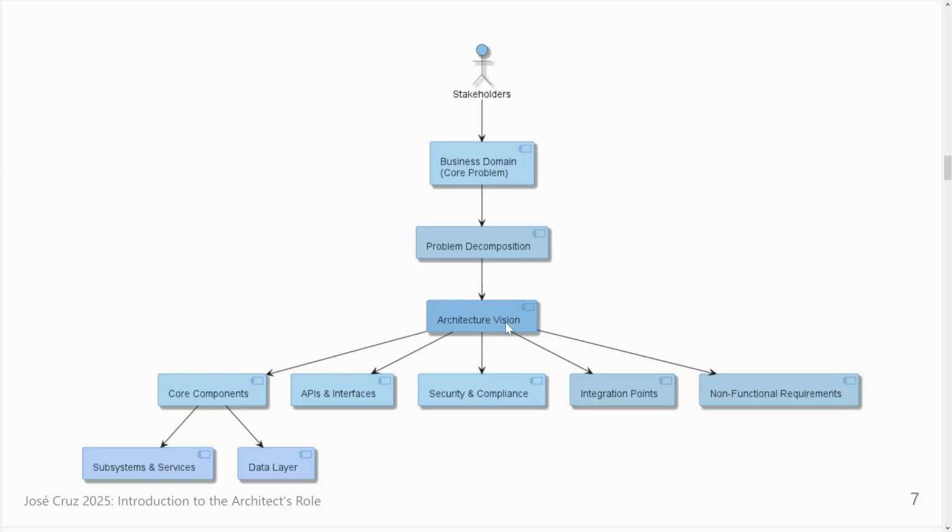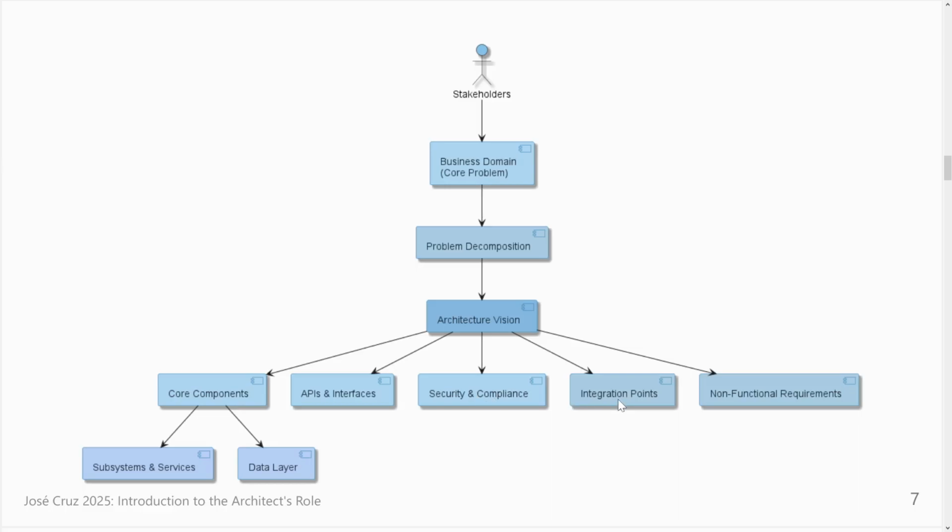But usually in the architecture vision, you approach probably 5 components. I'm sure that I'm missing some of them here. Core components: you define what components my application needs. APIs and interfaces: how am I exposing or integrating with other systems? Security: I'll make sure that the data is safe from any user or other systems.